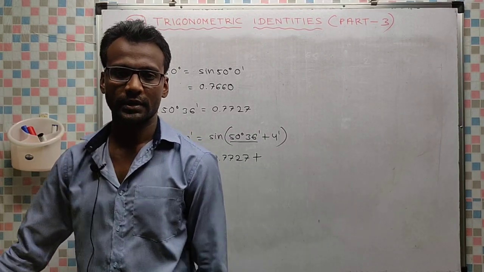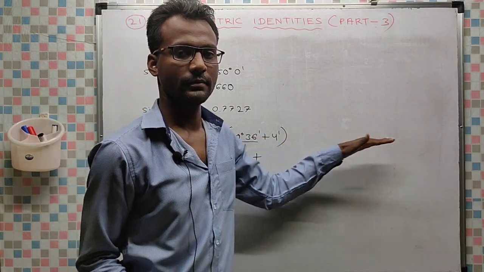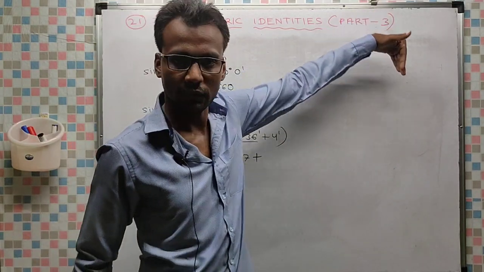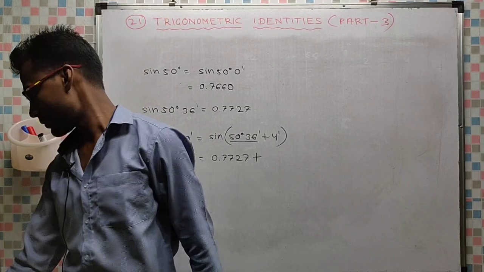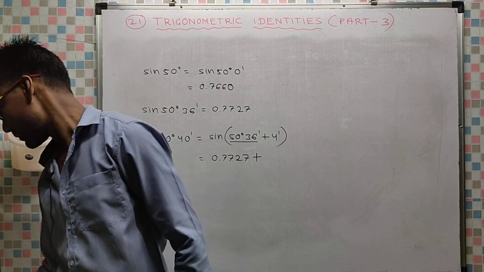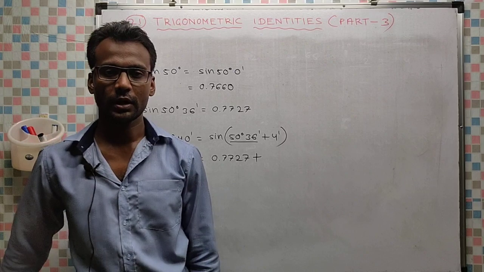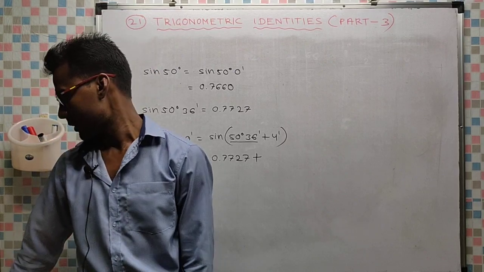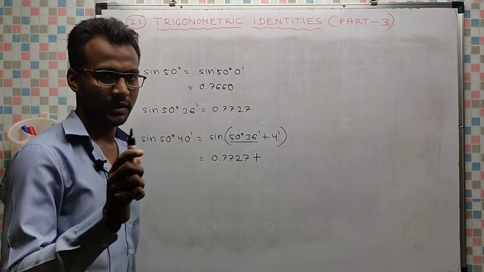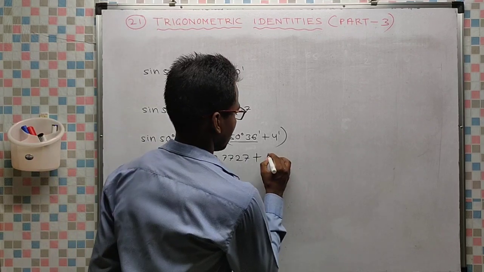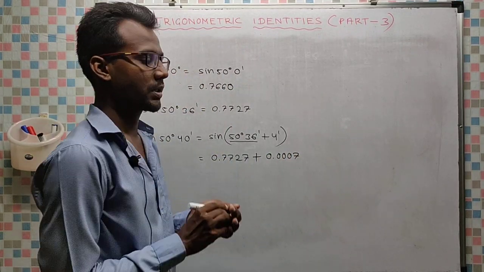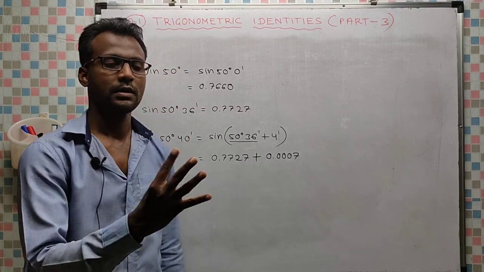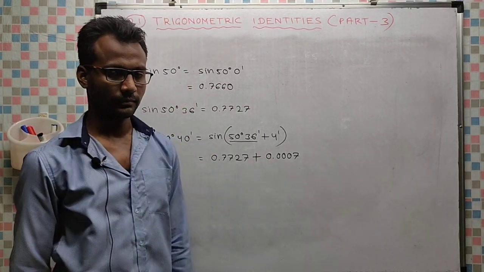If you get the point of intersection, move horizontally for 50 degree, move vertically for 4 minutes. You get a point of intersection. The corresponding value is 7. Look at your book table. 7 is not 7, it is actually 0.0007. Remember this, always there will be 4 digits after the decimal place.